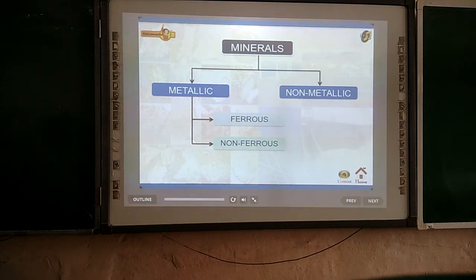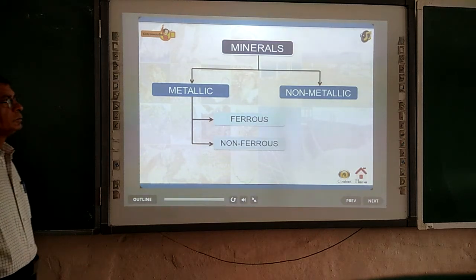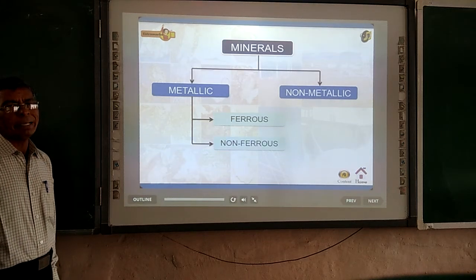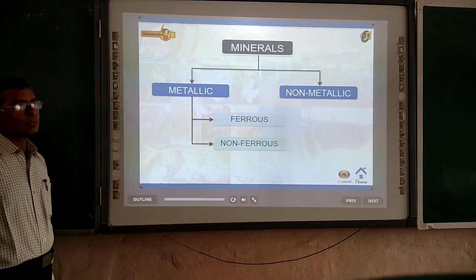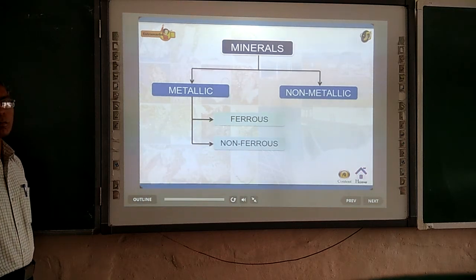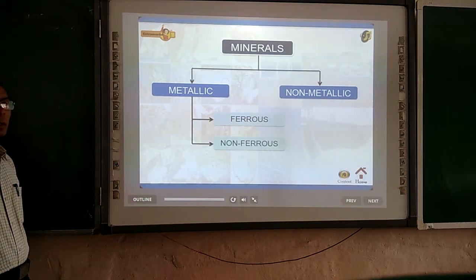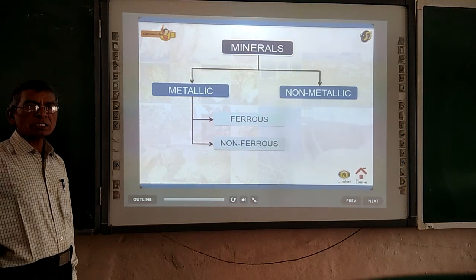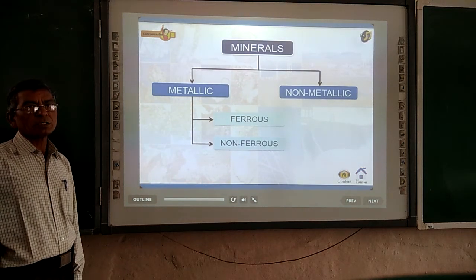Generally, minerals can be classified into two main groups. One is metallic minerals and the second is non-metallic minerals.